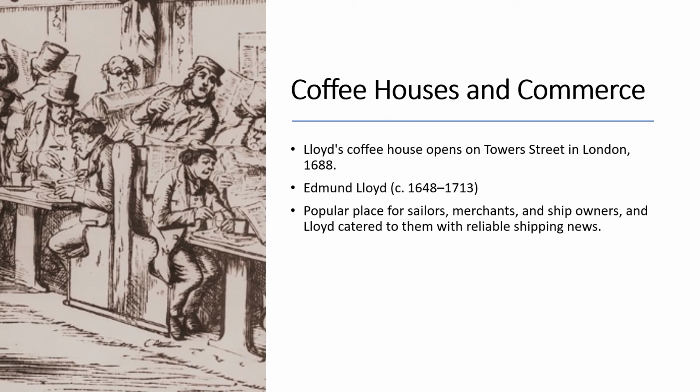And also, the problem with shipping, of course, is that it's very expensive. You invest your life savings, say, in bringing in a shipment of cotton from the Americas, and then suddenly your ship sinks. You could lose everything. So it's in places like Lloyd's Coffee House that you might actually take steps to get people to help you out in case you were going to take on the risk of bringing in something. You might find people who might be willing to cover your loss.